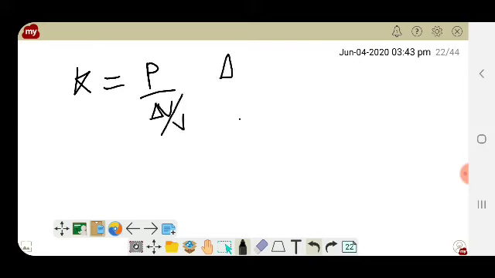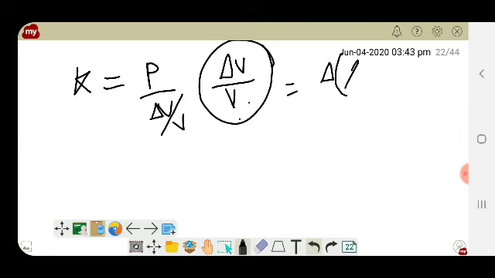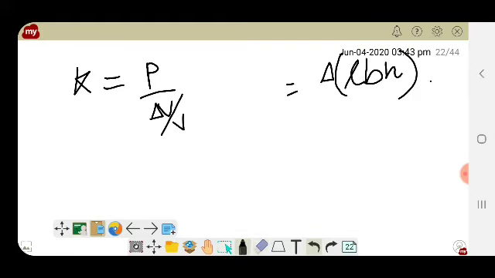Now for this volumetric strain delta V by V, we can also find another equation. Delta V is the derivative of a product.